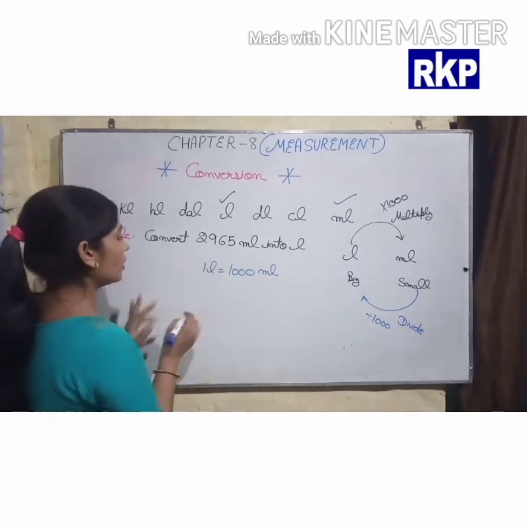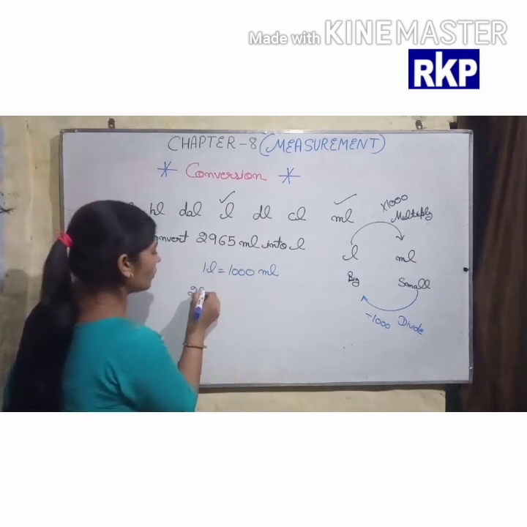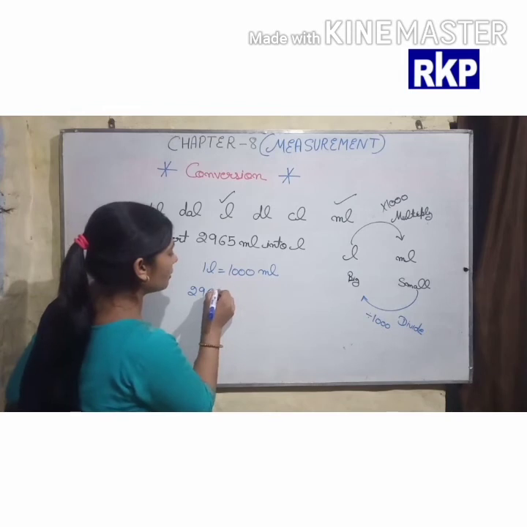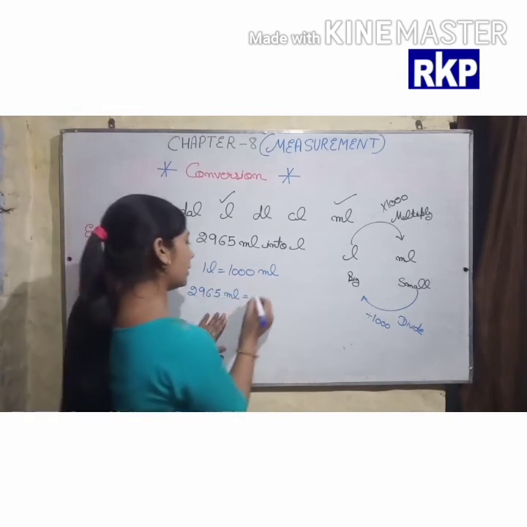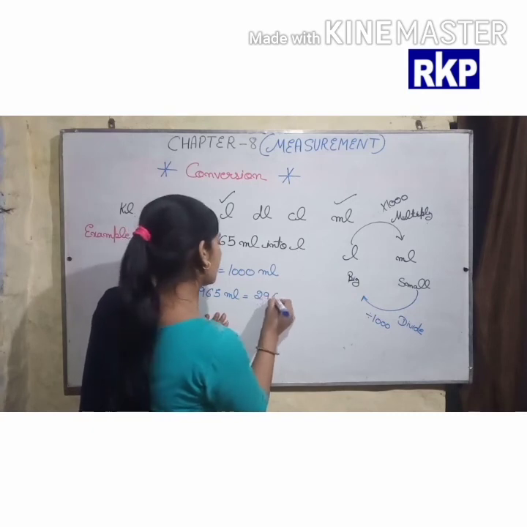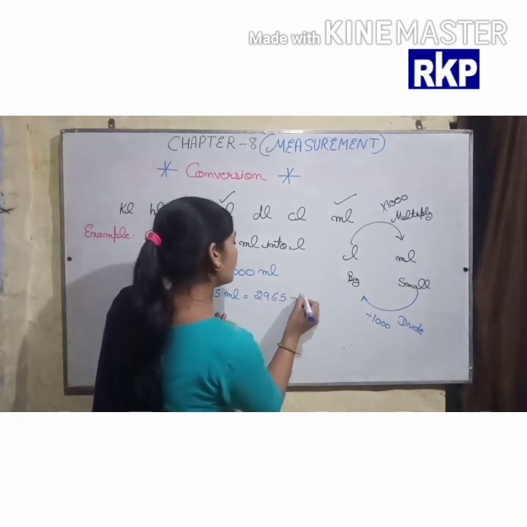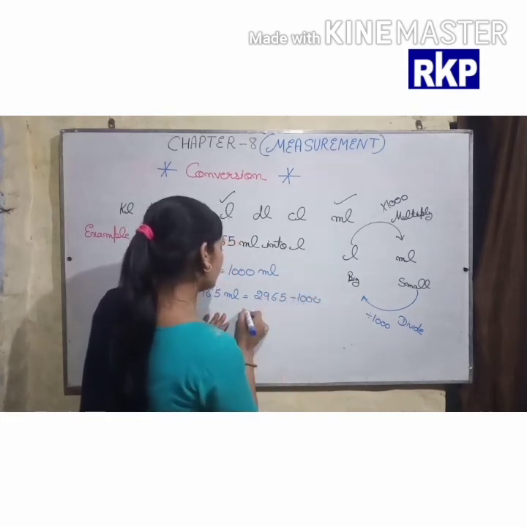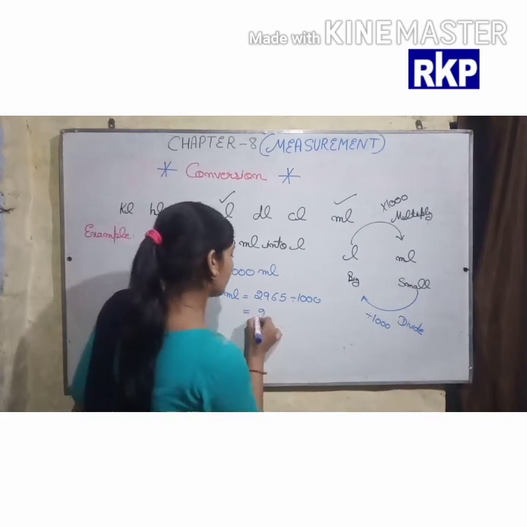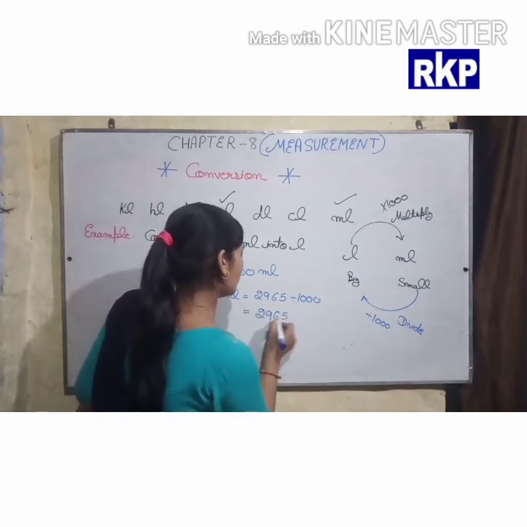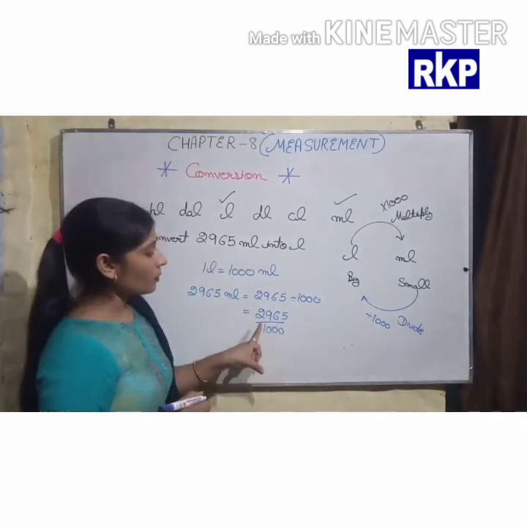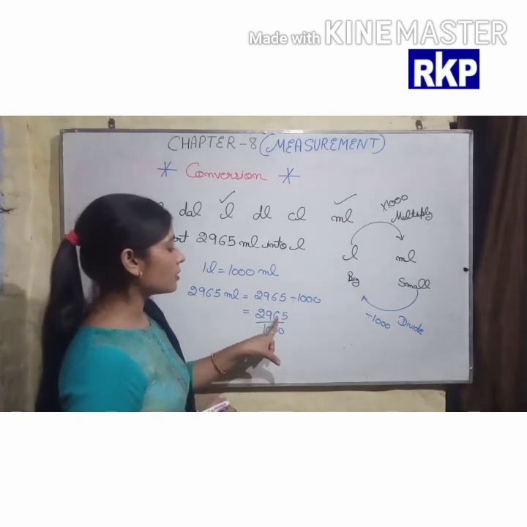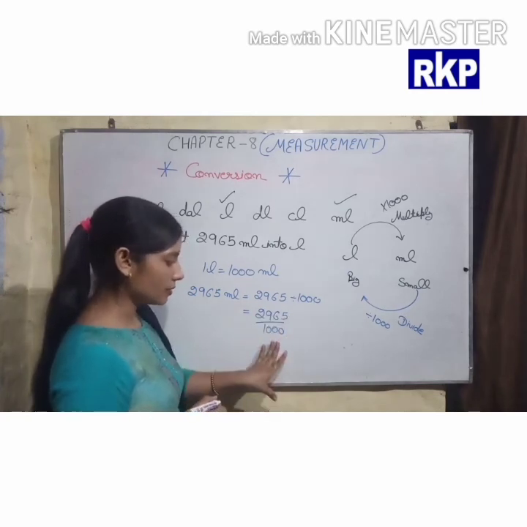Okay. So here first of all, we have to write 2965 milliliters as it is, and now we have to divide this by 1000, and we can write this like this also, by 1000. Okay. Now beta here we can see 2965 by 1000 is a fraction.